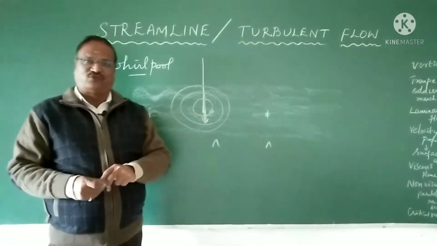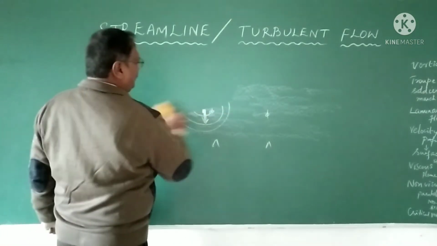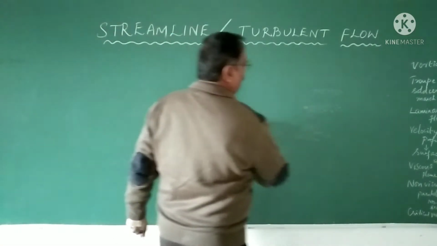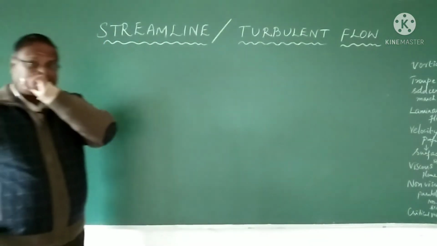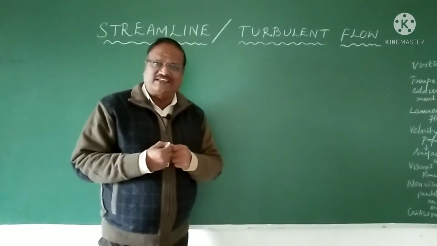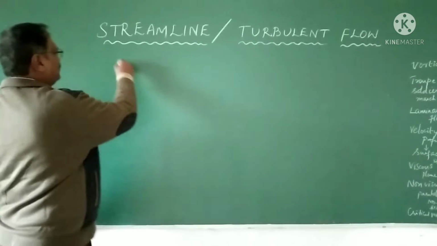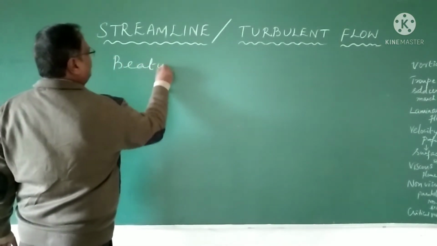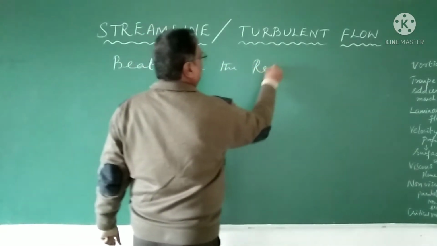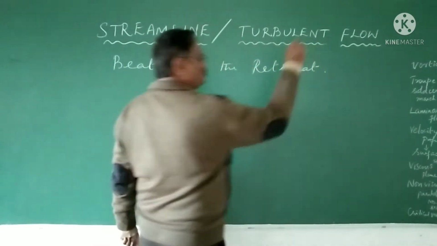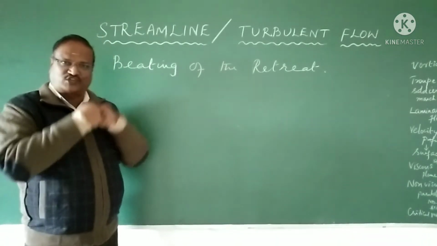That's called turbulent flow. In order to make you understand in another way, I would like to give an analogy. For example, on January 26th, Republic Day, after that we had the beating of the retreat. Soldiers make different formations, sing songs and play music.